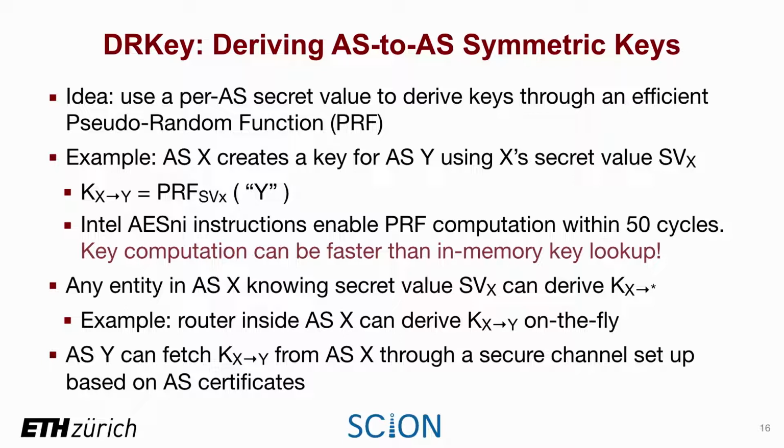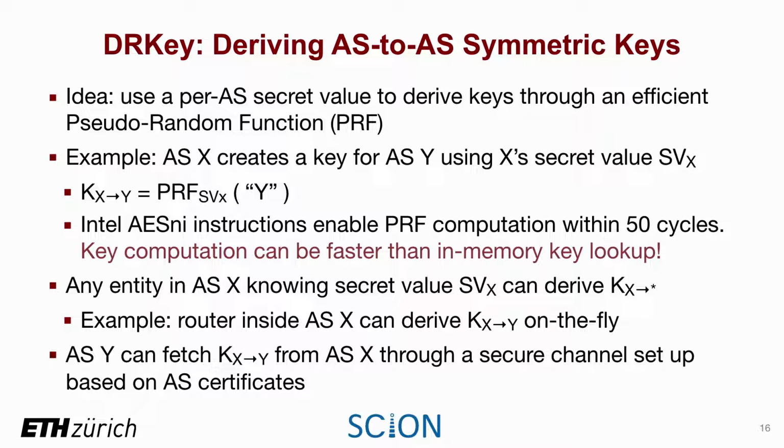And so we denote the symmetric key from ASX to ASY with this notation K sub x arrow y, and it's computed with secret value x applied to the string y using the pseudorandom function, essentially for which we use a block cipher. And using the AES-NI instruction set, we can compute this PRF within 50 clock cycles on an off-the-shelf Intel CPU.